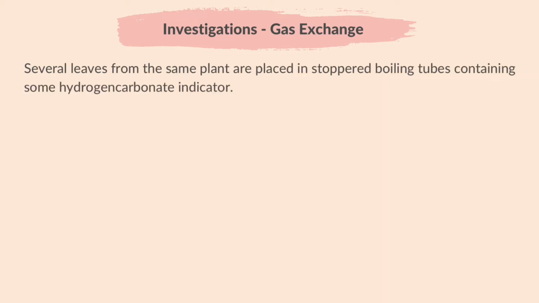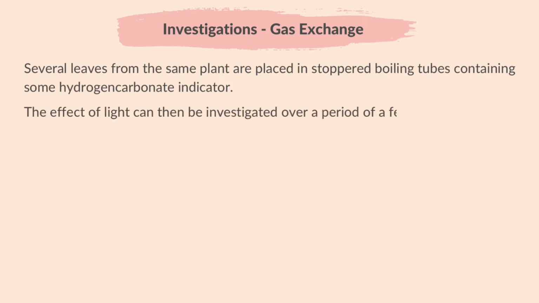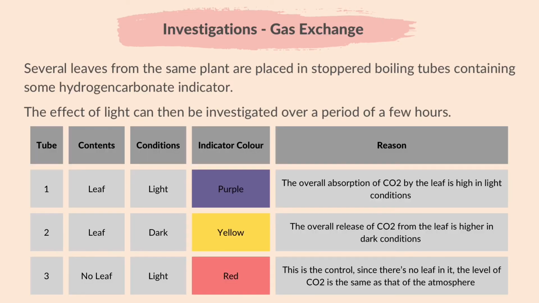Several leaves from the same plant are placed in stoppered boiling tubes containing some hydrogen carbonate indicator. The effect of light can then be investigated over a period of a few hours. Results from a typical experiment are shown in the table below. So when the leaf is exposed to light, the indicator turns purple, meaning the overall absorption of carbon dioxide by the leaf is high.